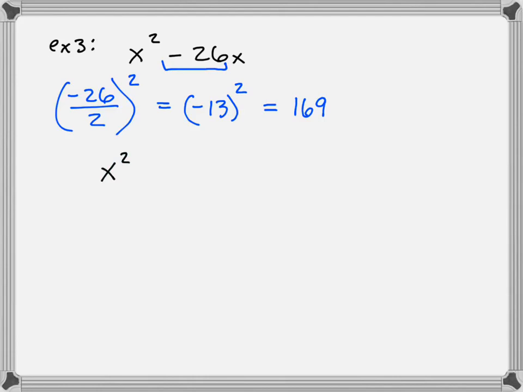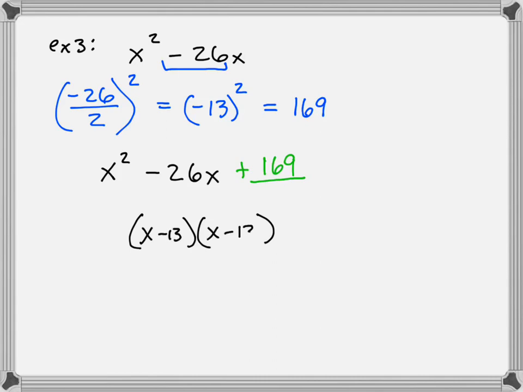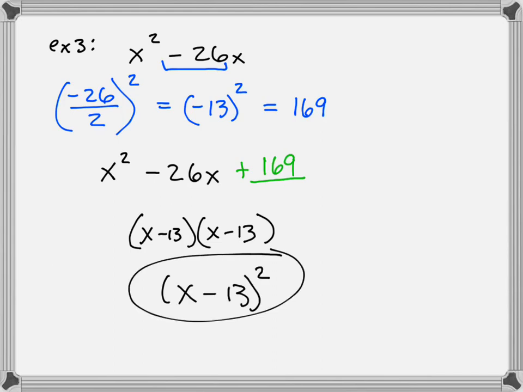So if we are trying to factor the x squared minus 26x, our missing piece, the value that would complete the square, is 169. So this now factors to an x minus 13 and an x minus 13, which we would write as x minus 13 squared.